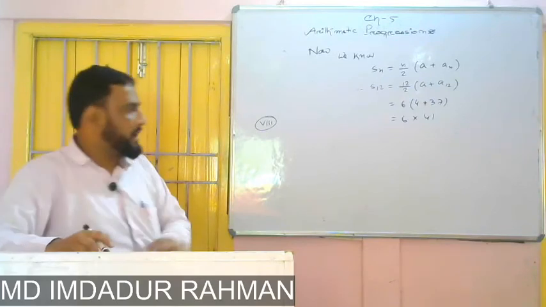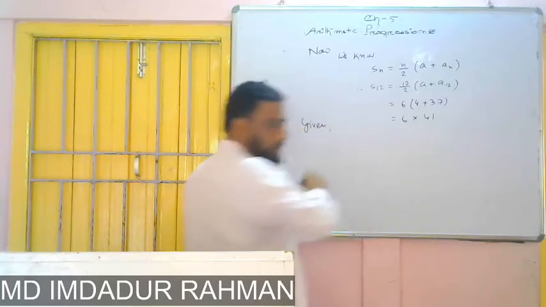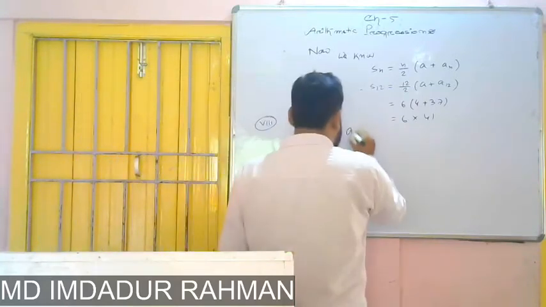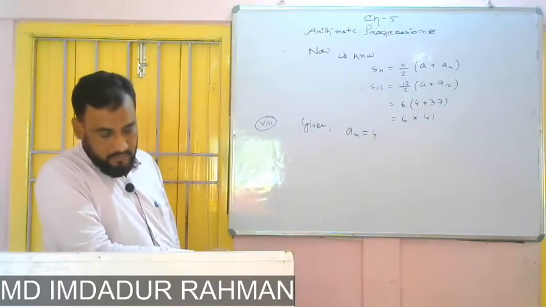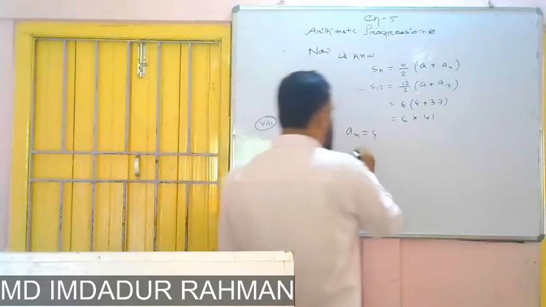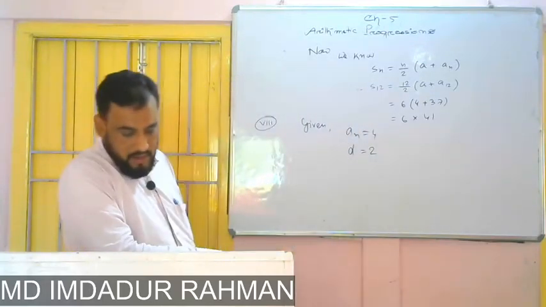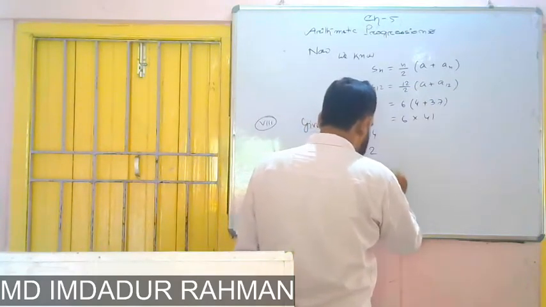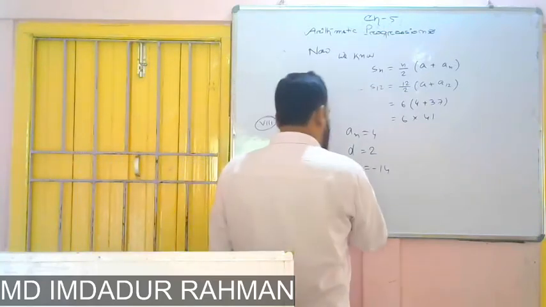Find n and a. What is given? Given an is equal to 4, d is equal to 2, sn is equal to minus 14. What is to find out? To find n and a.